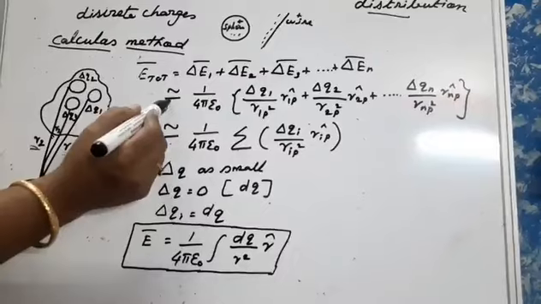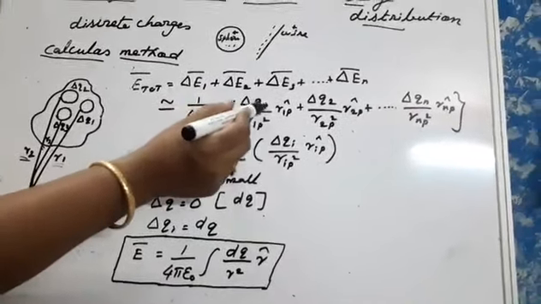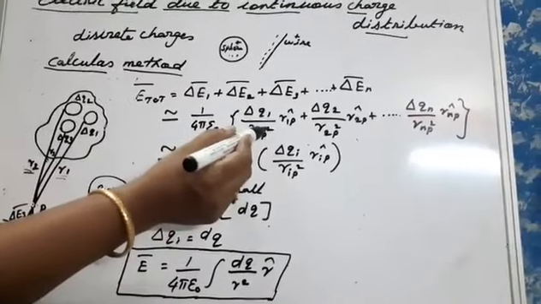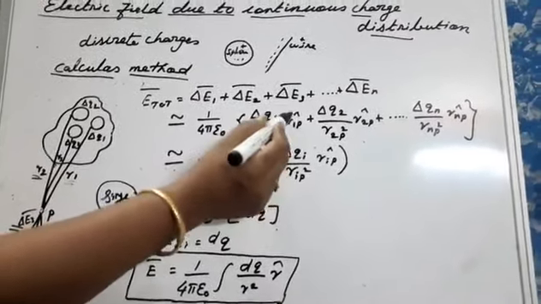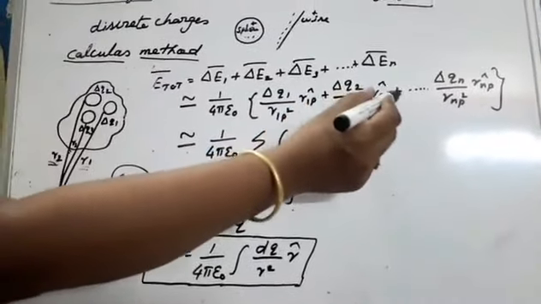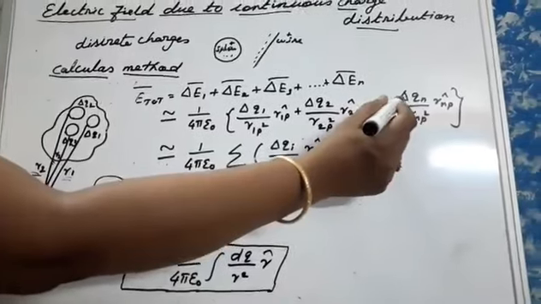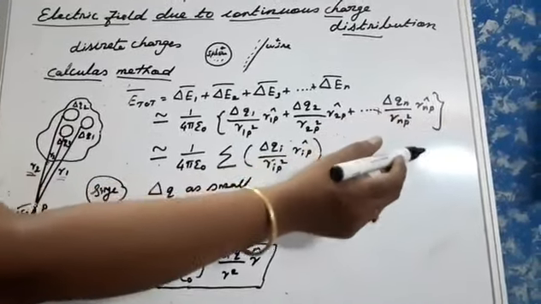Then the approximate value is 1 by 4 pi epsilon naught times del q1 divided by r1p square r1p cap plus del q2 by r2p square r2p cap plus del q3 by r3p square r3p cap and so on.